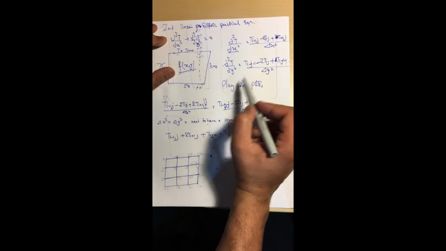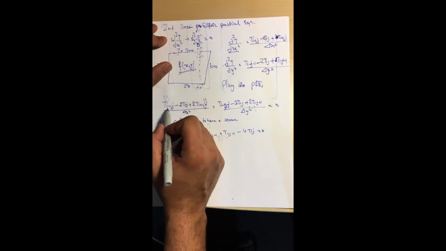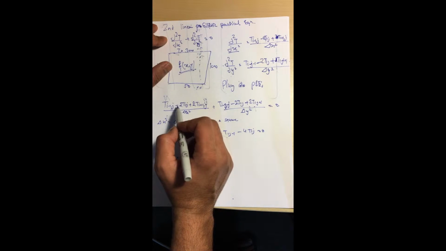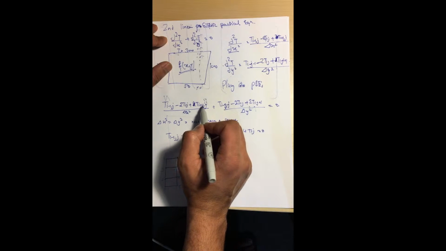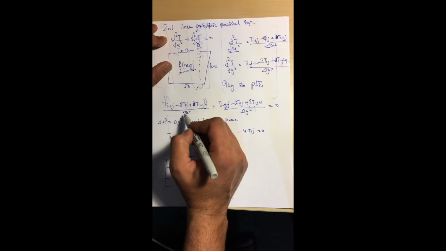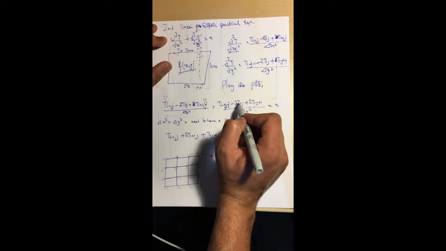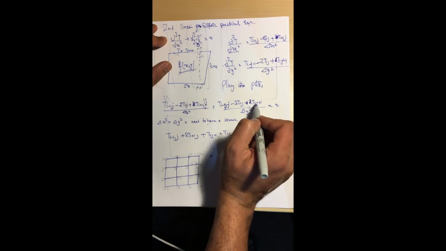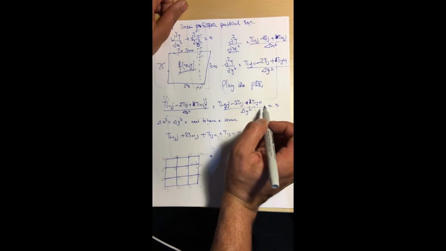Plug these discretized equations into our PDE: T(i-1,j) minus 2T(i,j) plus T(i+1,j) over delta x squared, plus T(i,j-1) minus 2T(i,j) plus T(i,j+1) over delta y squared, equals 0.